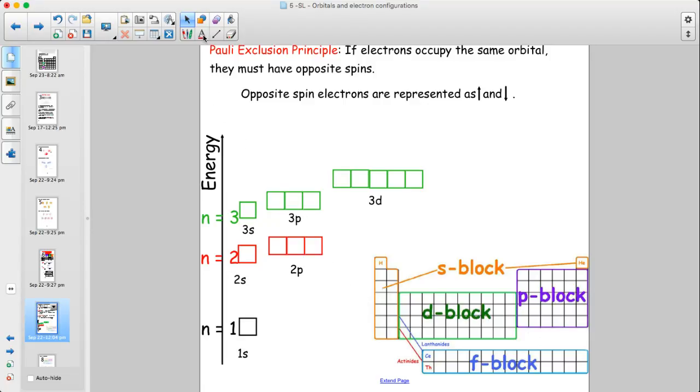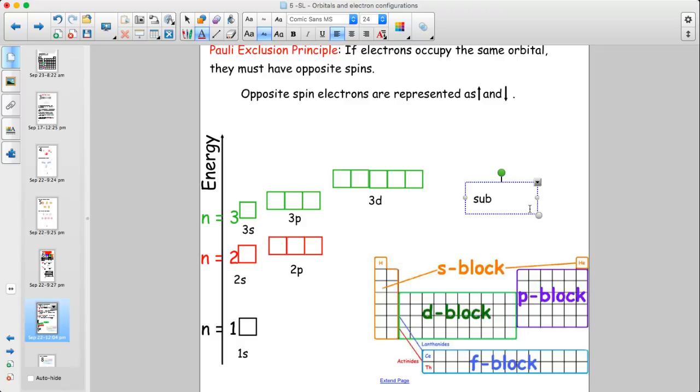A couple of vocabulary things that I've sort of neglected. So one box represents one orbital, but I've been using the term sublevel. When you have multiple orbitals that have the exact same energy, they represent a sublevel. So the 2p is a sublevel.